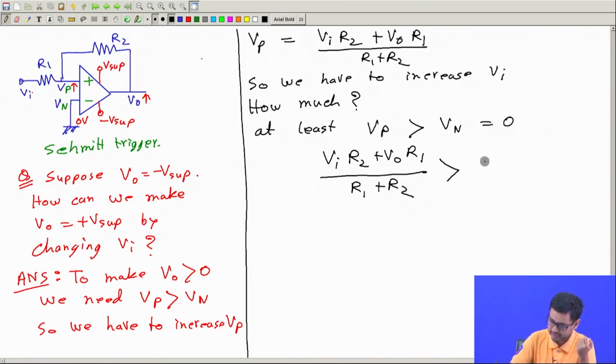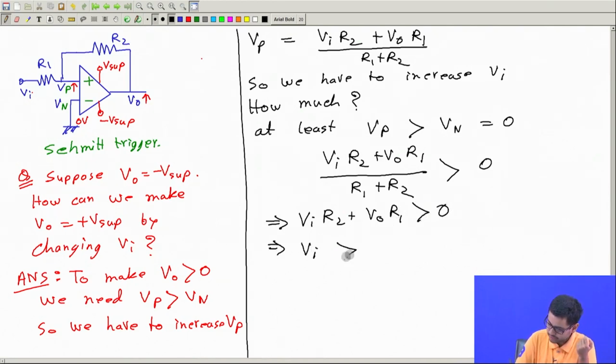This should be greater than or equal to 0, and from this the denominator goes away. So from this we can write Vi R2 plus Vo R1 greater than 0, from which we write Vi should be greater than minus Vo R1 by R2.